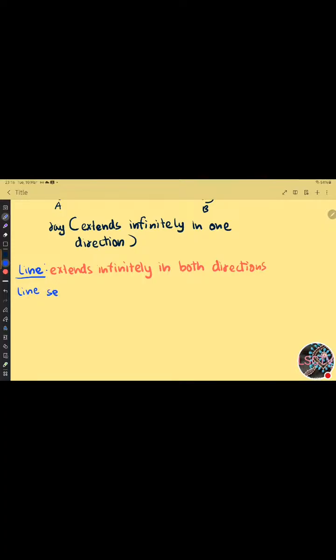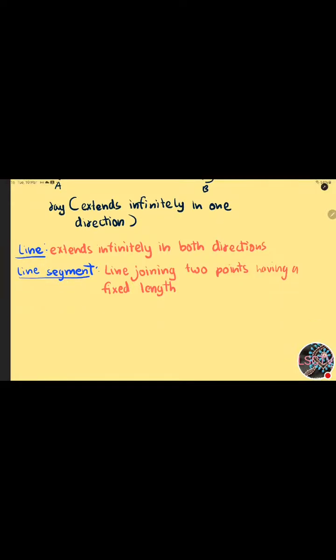A line segment is a line joining two points, having a fixed length.